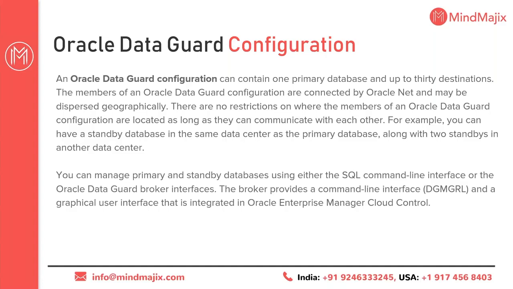In that we have different types of standby databases like physical standby database, logical standby database, snapshot standby database, and active standby database. If you want to configure each of these different types of standby database within Oracle Data Guard, we have a sequence of steps to follow, and you should configure it.